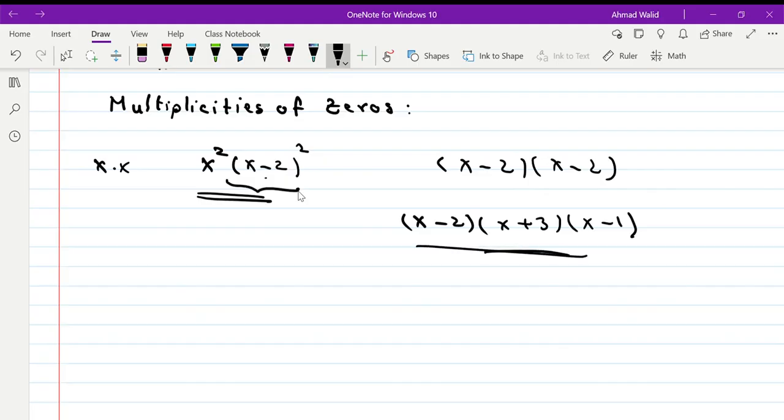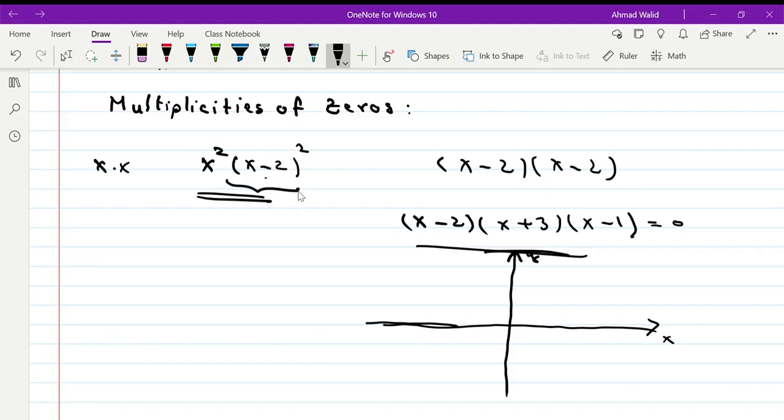Let me first explain. In this example, if you set this one equal to 0, and you look at your coordinate system, x and y, these factors are showing the x-intercepts of your graph.